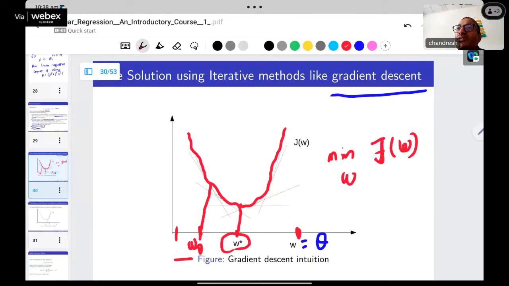So optimization is nothing but a search problem. We are looking for a point in the domain at which the function achieves its minimum value, starting with some initial value w naught. The way it works, it will form a straight line here and see at what point this line hits the x-axis.